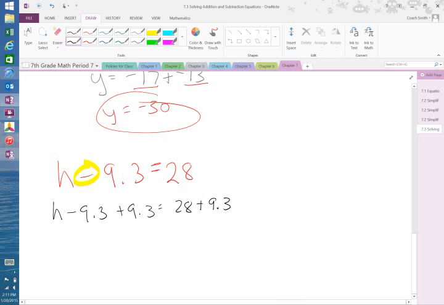Okay, on the left side of the equation, they cancel each other out, leaving me with h equals. On the right side of the equation, I have 28 point and 9.3, and I add them together because they're both positives. How did I get 28? That's what the problem said.